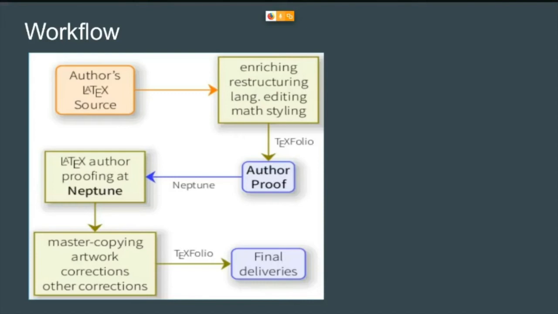Finally, it is posted in Neptune after QC checks. The Neptune URL is shared with the corresponding authors through email. Authors do the corrections in the Neptune page and verify the output. Finally, the author submits the article in Neptune. The article is moved to the next stage, master copying. In the master copying stage, author comments regarding artwork or any other comments are carried out, and finally the article is published.